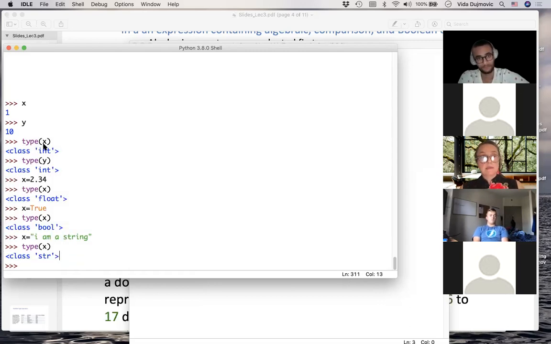Because here we see that x was an int, then later on x had a float, then later on x was a Boolean. So variables themselves do not have type. It's the values that are stored in variables that have type. So when in x we had value 10 stored, it was telling us 10 is an integer. So values have type, variables don't have type.